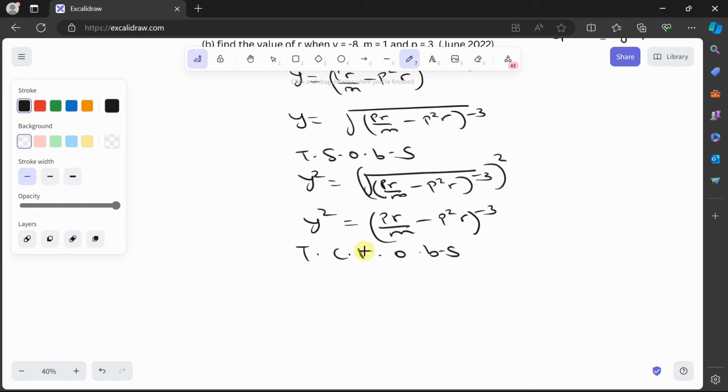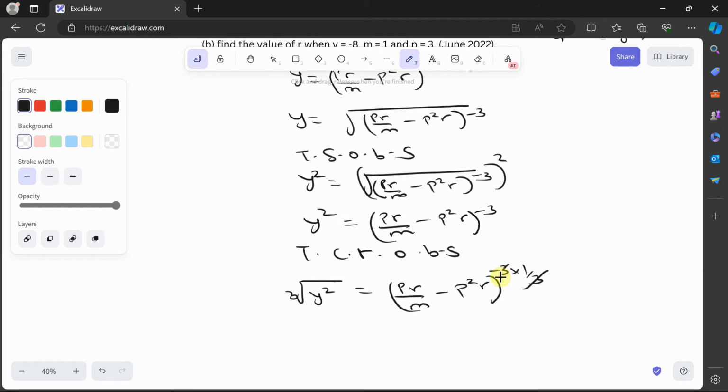If any of this is looking strange, please watch the previous video to this. So if I wanted the cube root of both sides, that will be cube roots of y squared is equal to pr all over m minus p square r all raised to the power of minus 3 times 1 over 3. Times 1 over 3 is the same as saying cube roots.